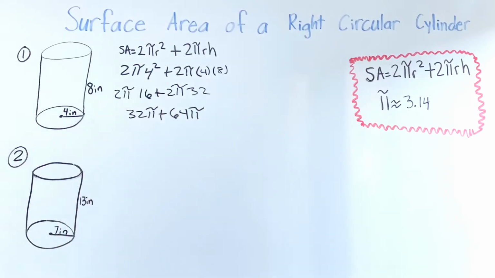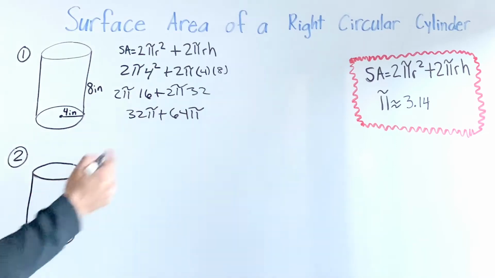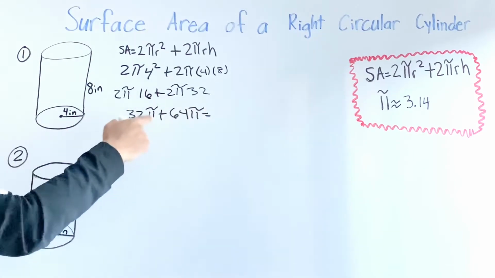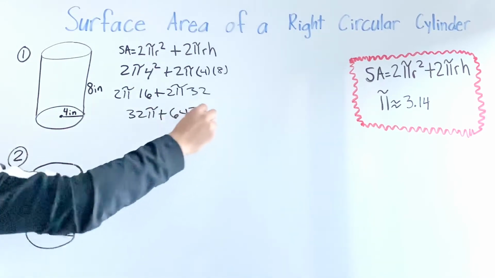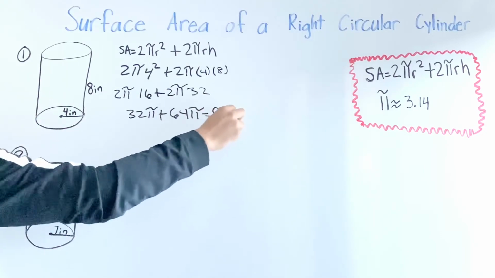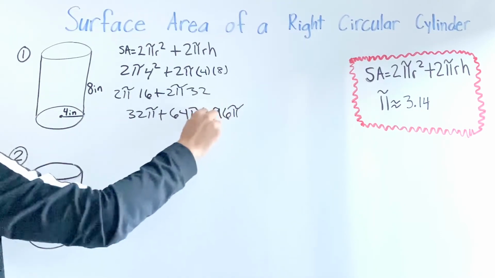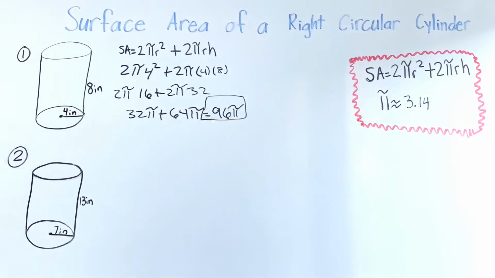Some of your teachers will just tell you to leave your answer as pi. So all you do is add 32 pi plus 64 pi, which is going to give you 96 pi. And you can leave your answer like that if your teacher wants you to leave your answer as pi.